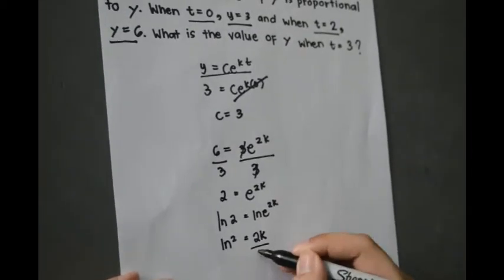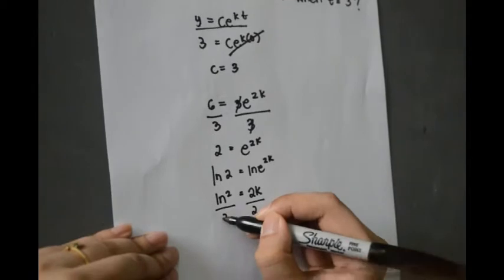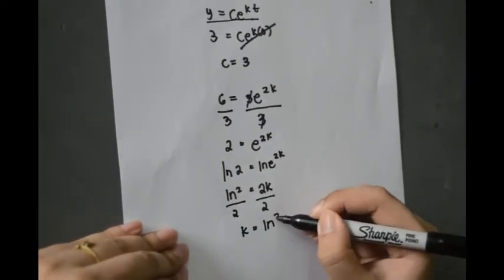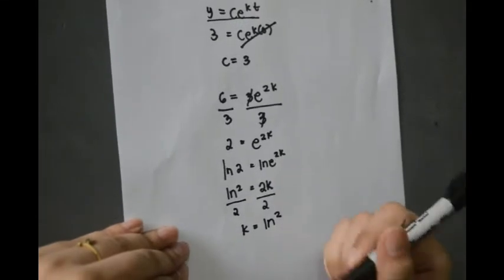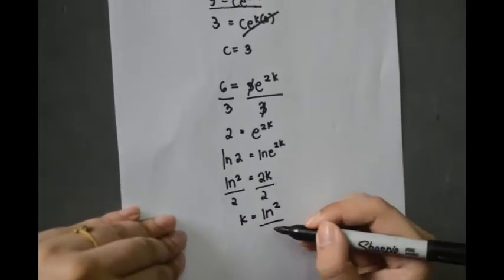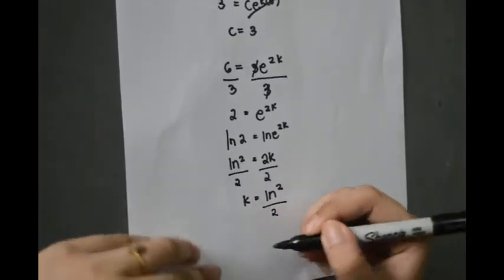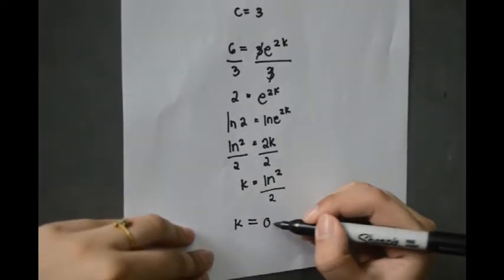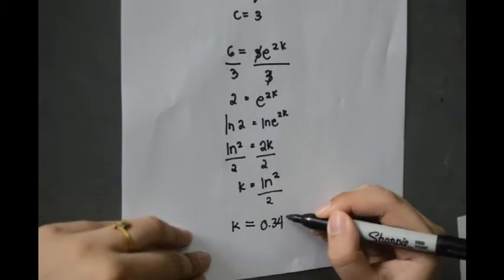Then to get k, we will divide by 2. So k is equal to 0.3466.